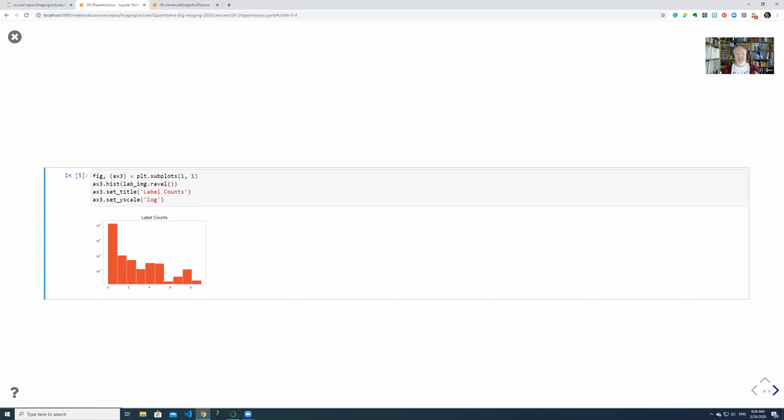So if you multiply that by the pixel area, then you get the area of each object. If you would have a volume image, then it would be the volume of each voxel multiplied by the count that would give you the object volume. So it's a very quick way to measure the volume of an object. You don't have to do a lot of fancy geometry calculations, etc.